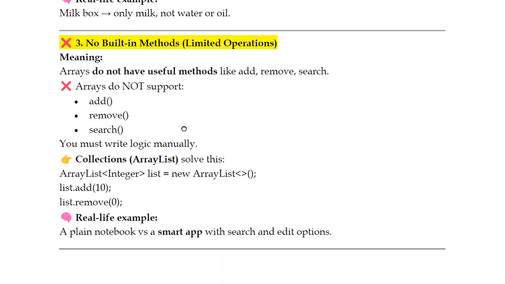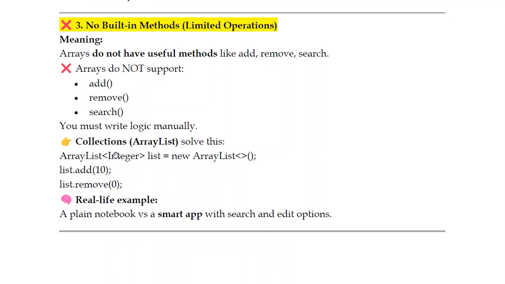Okay, no built-in methods like other collections concepts, or in Python programming where you use list add or remove. These methods are not supported. You have to do it manually. But if you're using the ArrayList concept in collections, which we will discuss in future, at that time methods like add, remove, pop, everything is available.